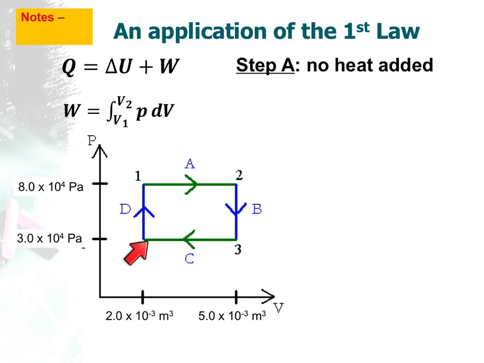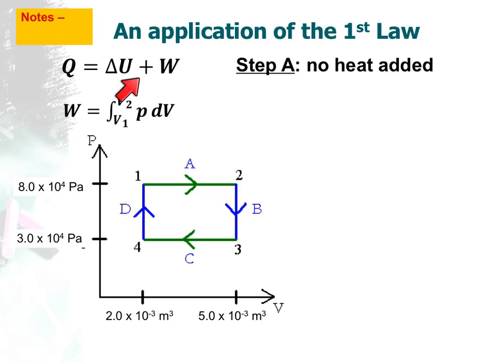And then the third step in the process is that we're going to decrease the volume. And then finally, we're going to return it to its original state by increasing the pressure in the system. Now, what I'm trying to do here is figure out the amount of heat that's added, the total internal energy, and the amount of work that's done.